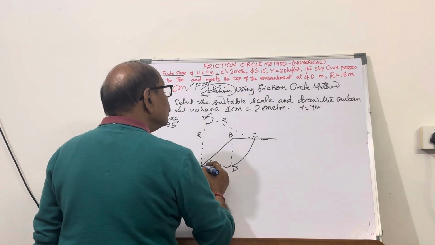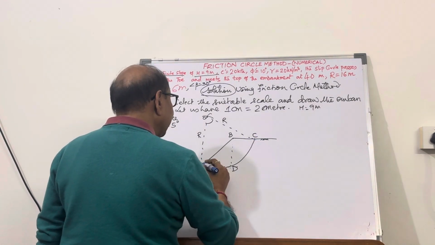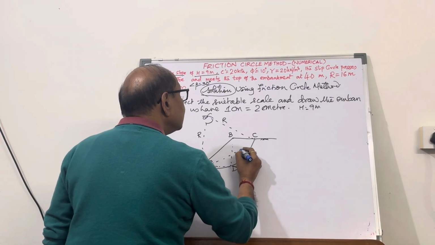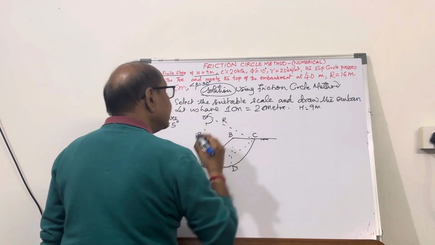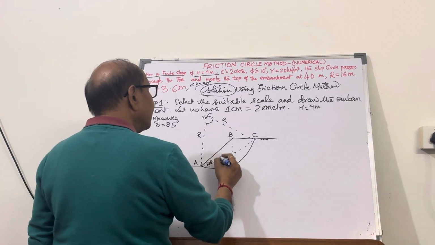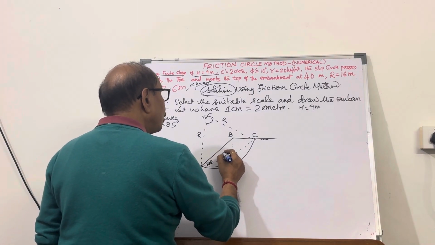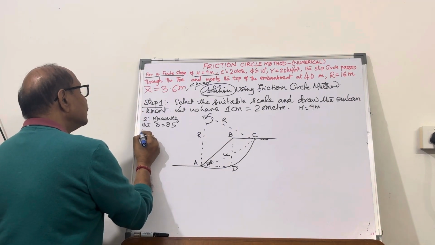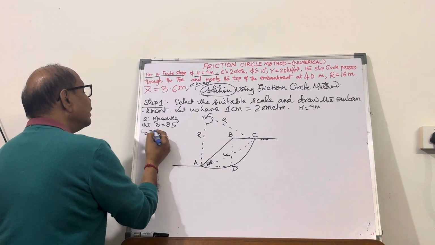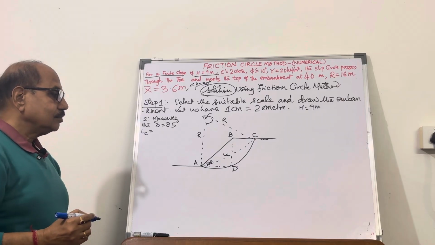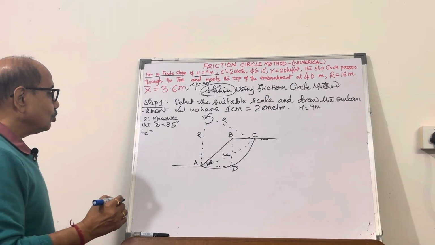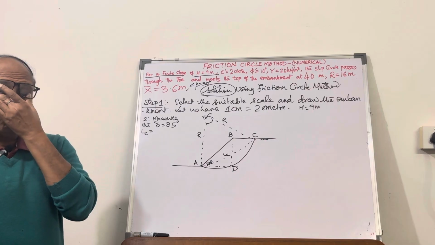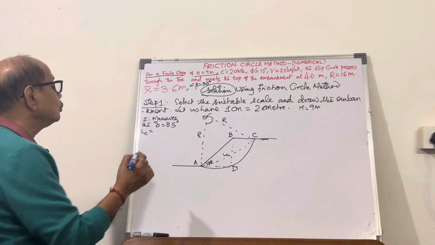Now, you can join A to C. If you join A to C, this becomes the length of the chord, LC. And you can measure the length of the chord, or you can calculate it also. The length of the chord will be 2r sine delta by 2.